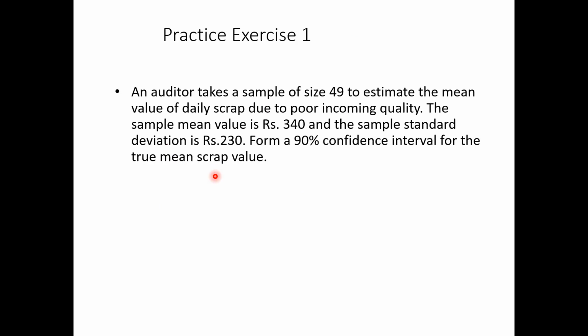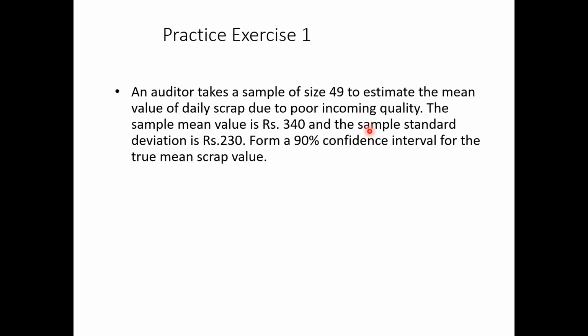So let us see how we can do this quickly. Let's assume we have a problem. An auditor takes a sample size of 49, which is greater than 30, to estimate the mean value of scrap from a sample of poor incoming quality. The mean value for that particular sample is 340 rupees.